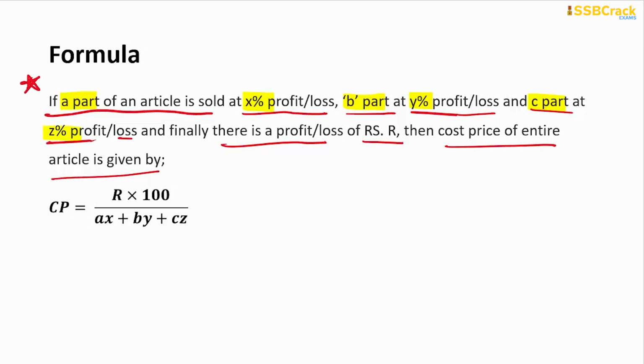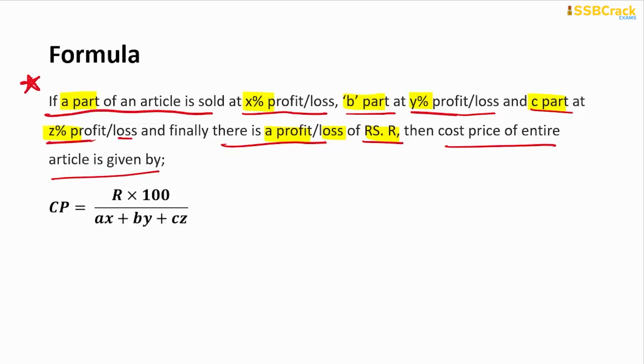So A, B, C are the parts of an article. So the whole article is actually sold in parts with so and so profit or loss percent X, Y, Z respectively. And you know that there is an overall profit or loss of rupees R also in the question. You know that there is an amount which might be a profit amount or a loss amount.